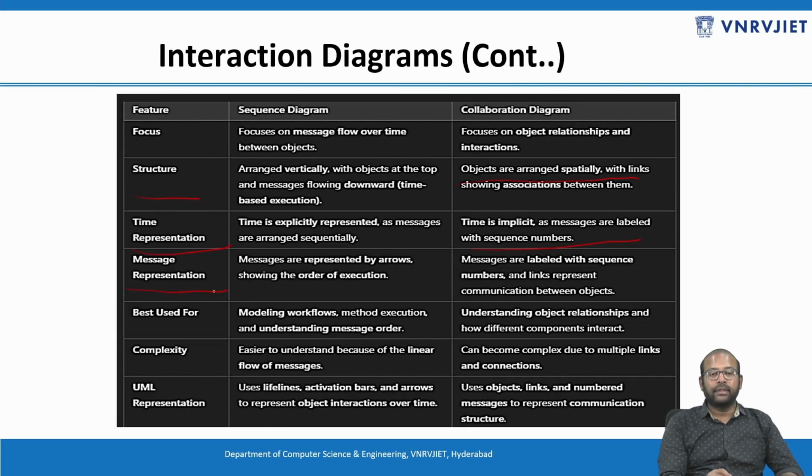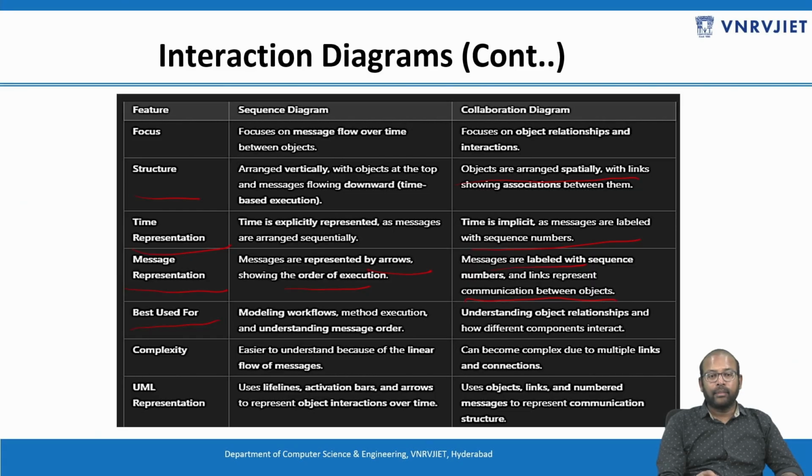And coming to the message representation, in the sequence diagram we are using arrows, and based on that you are showing the order of execution. Here, messages are labeled, so we are using sequence numbers, links and all those. With the help of these, you represent the communication between objects. And coming to the next one, best used for.